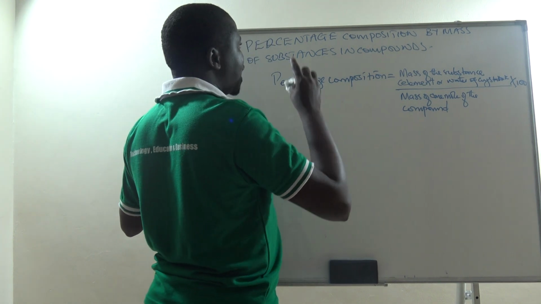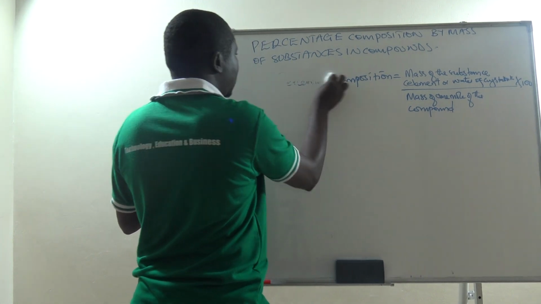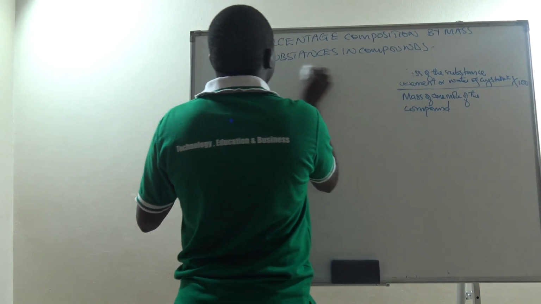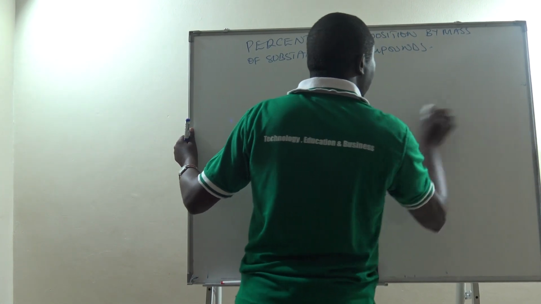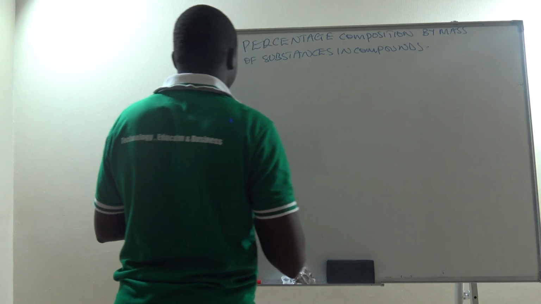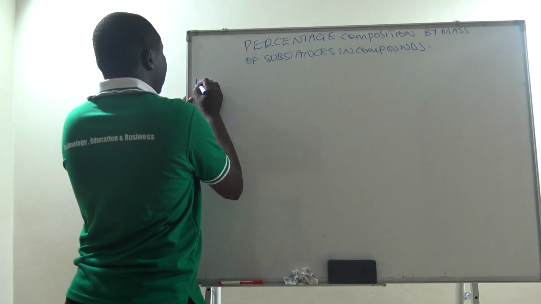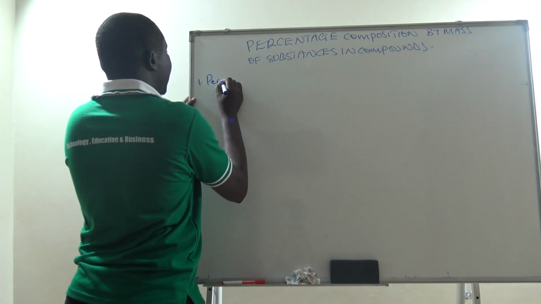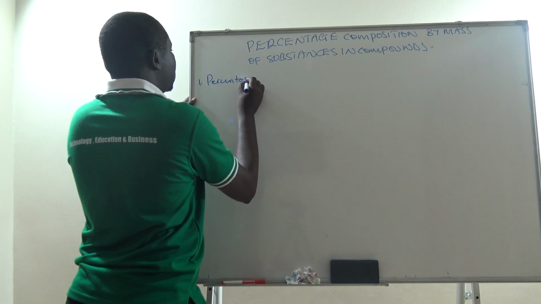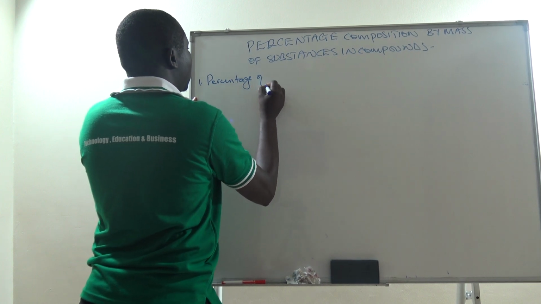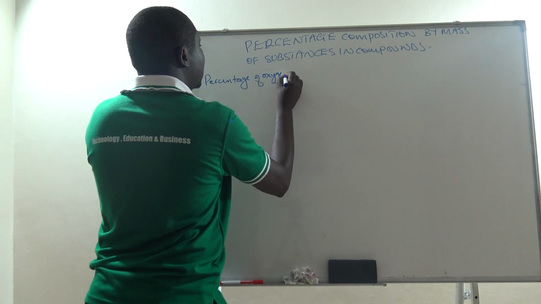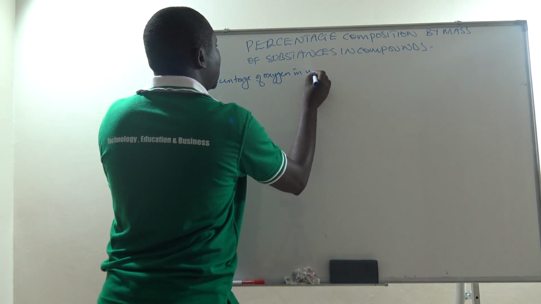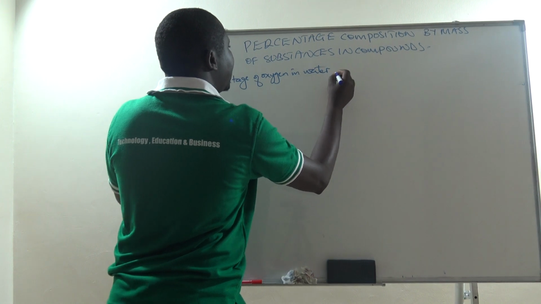So let us look at how to get the percentage composition by mass of some substances in their different compounds. So let us start with it. 1, the percentage of oxygen in water.